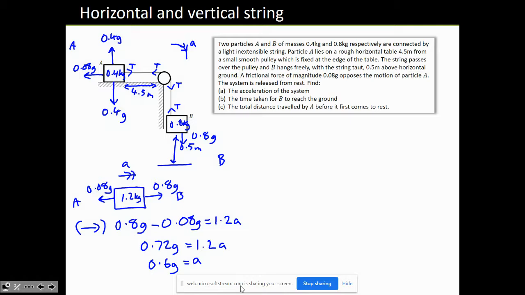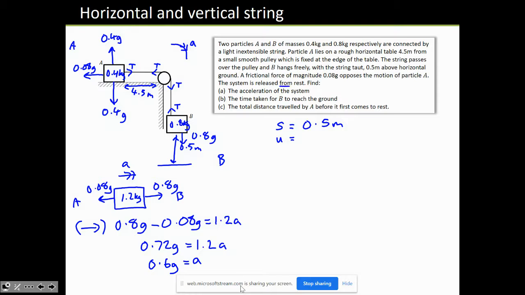Find the time taken for B to reach the ground. This is where we need to start using SUVAT equations. So you can see that the distance B is from the ground is 0.5 meters. And we can use SUVAT because we have a constant acceleration here. So s is 0.5 meters.